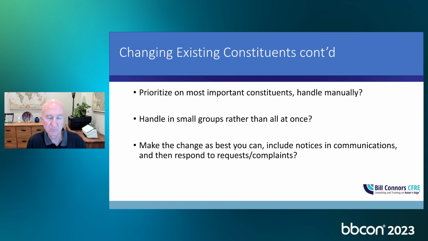up on your website. Another way to do this is to prioritize and only do the most important constituents, such as your board members, such as having your major gift officers go through those that are assigned to their portfolios and have them think it through or have them have the conversations.